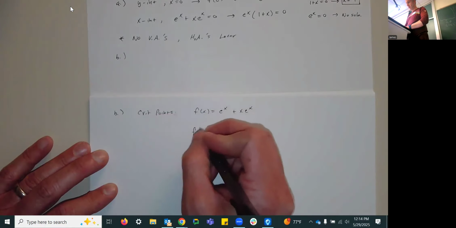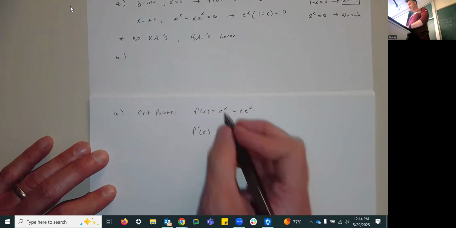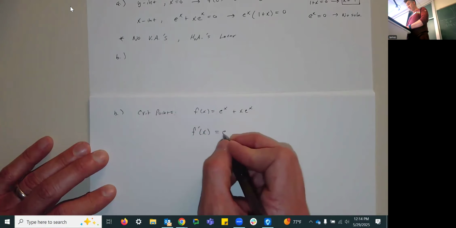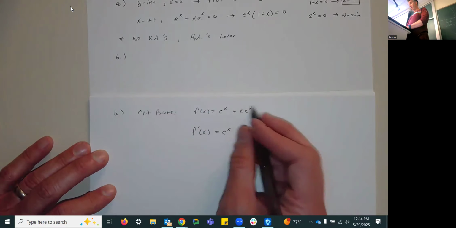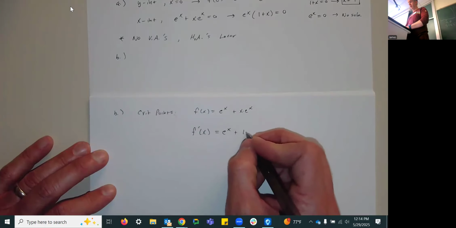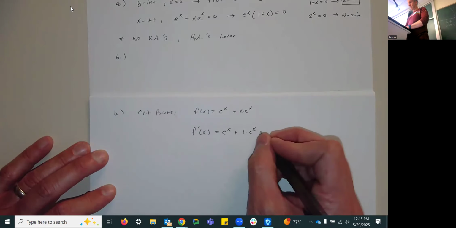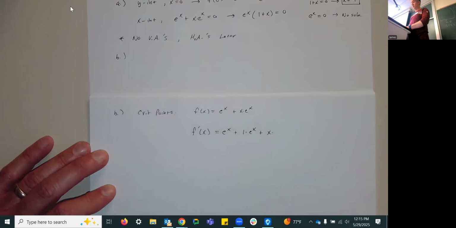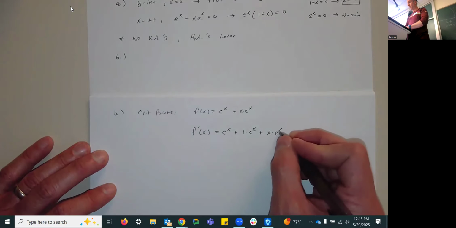And the derivative is going to be a little bit different, but not a whole lot different. The derivative of e to the x is still e to the x. The derivative of x times e to the x, you have to use the product rule. So it's going to be 1 times e to the x plus x times the derivative of e to the x, which is still e to the x.